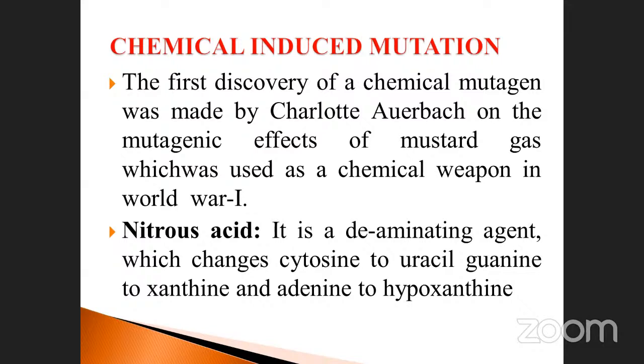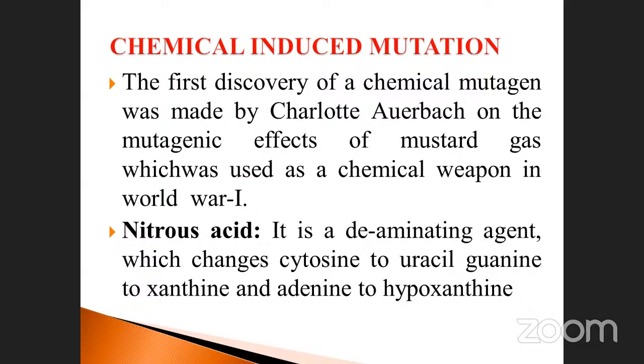The first discovery of a chemical mutation was made by Charlotte Auerbach, on the mutagenic effect of mustard gas. This was used as a chemical weapon in World War I. Mustard gas was first used for chemically induced mutation purposes.